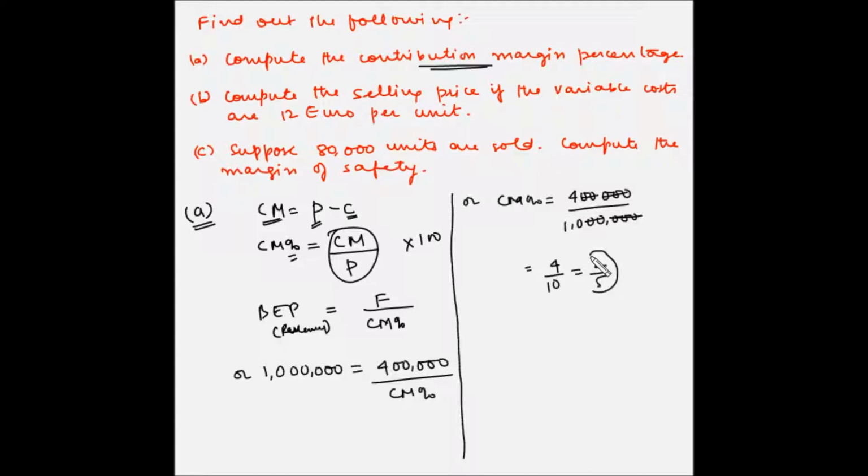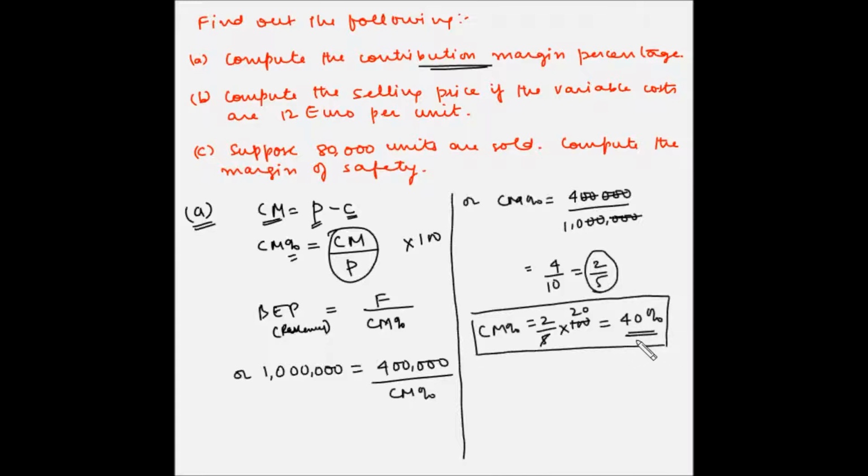So this is the contribution margin ratio. Now if we want to find out the percentage, then we multiply this by 100. So 5 2s are 10 and then 0. So this is 40%. So this is the contribution margin percentage.